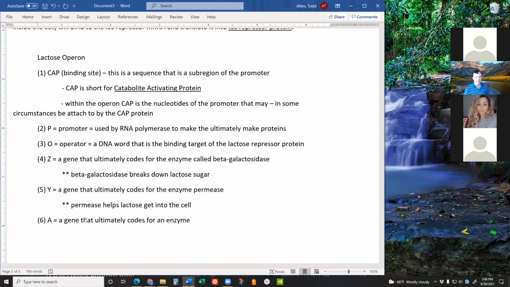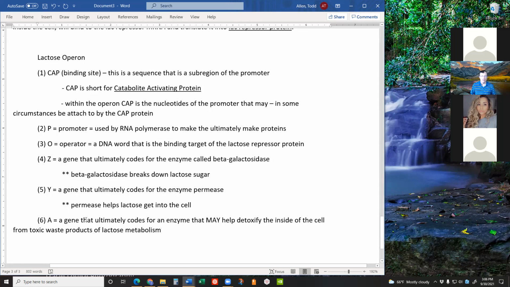But it is what it is. There are some possibilities. This is a gene that ultimately codes for an enzyme that may help detoxify the inside of the cell from toxic chemical waste products of lactose metabolism.